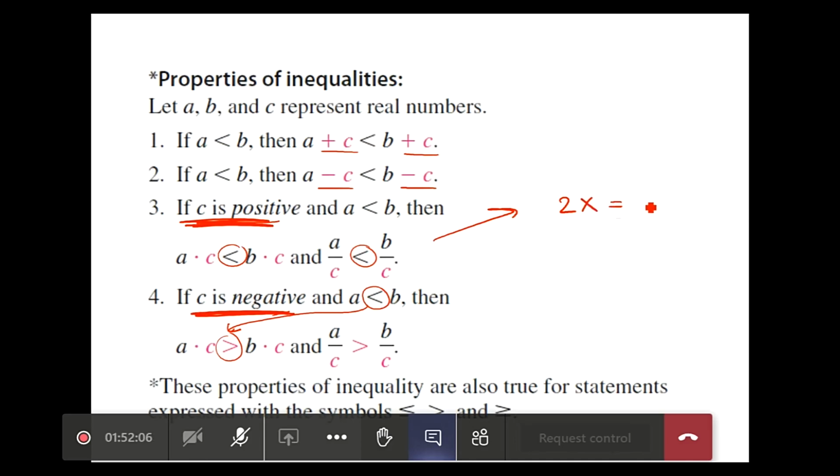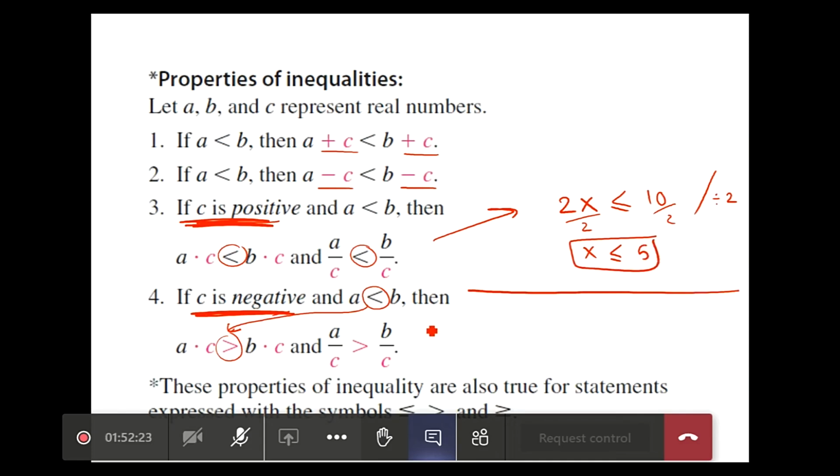2x less than or equal 10. So we need to divide by 2. Divide by 2 positive. So we have x less than or equal 5. Okay?